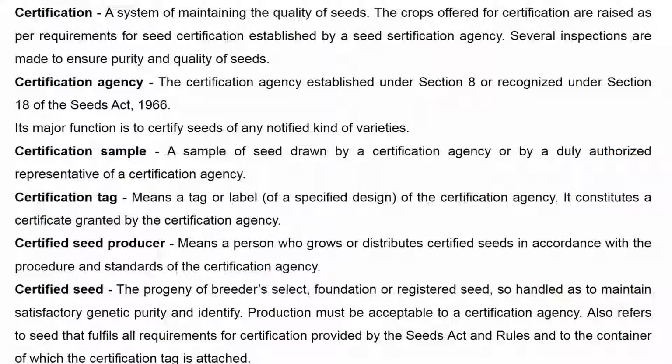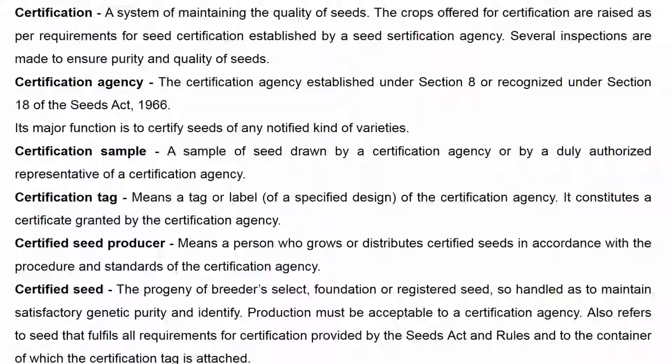Sample of seed drawn by a certification agency or by a duly authorized representative of a certification agency. Certification Tag means tag or label of the certification agency. With specified design, it constitutes certificate granted by the certification agency.